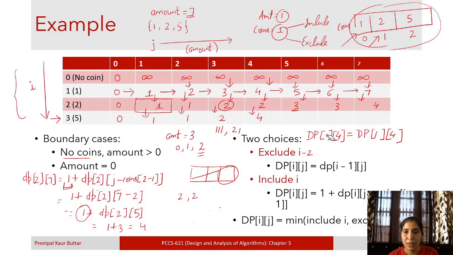So now we are talking about 5, and the value which we are making is also 5. When we try to exclude a 5 rupee coin, then the solution will be just a copy of the upper cell. So here I am writing 5, 5 is the value of the coin. The row number is 3.